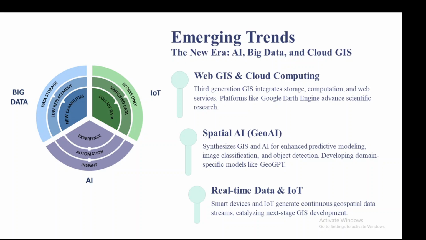You no longer need a high end computer to handle huge satellite data. You can do it from your mobile phone itself. Everything that is from data storage to computation and also visualization, everything happens online. This means scientists anywhere in the world can collaborate in real time, analyze terabytes of spatial data, and publish their results very instantly.